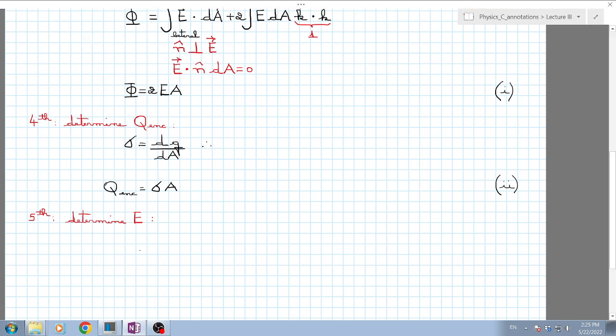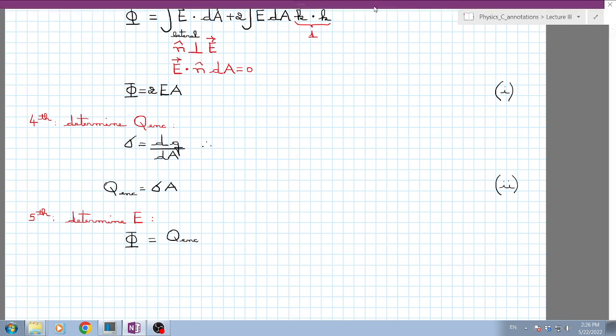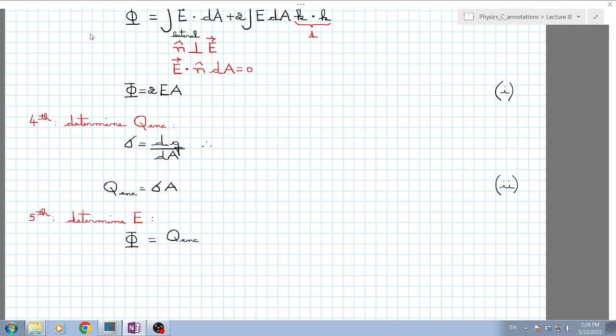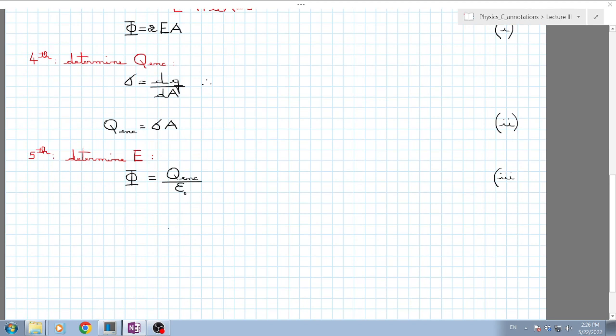We know that the electric flux is the enclosed charge divided by the permittivity of free space. So I just have to substitute equation 1 and this one.